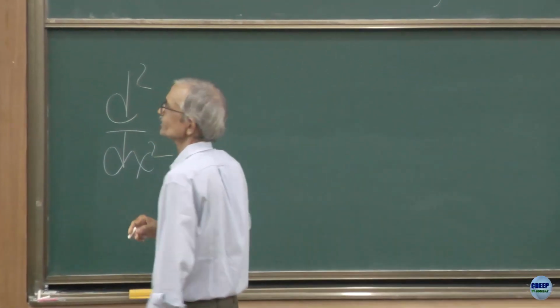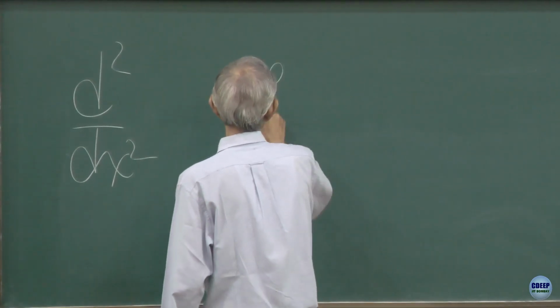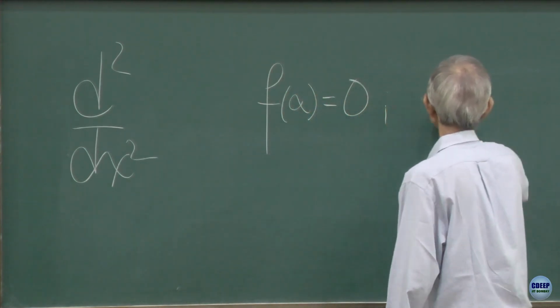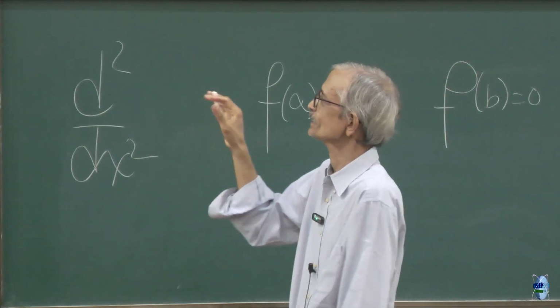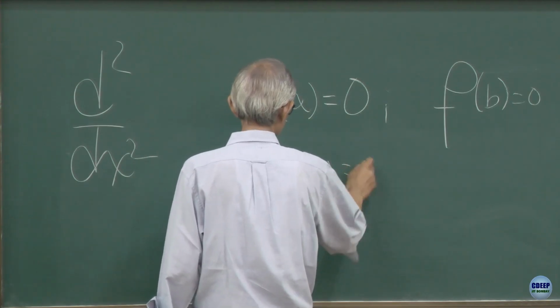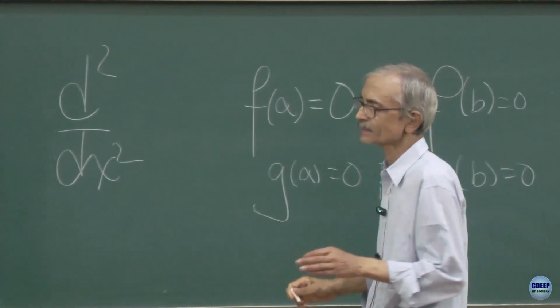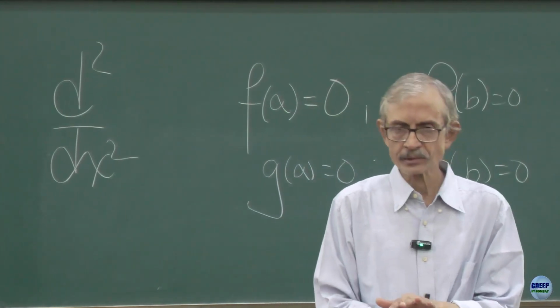The linear operator is d square dx square, and there are these conditions also: f(a) equal to 0, f(b) equal to 0, g(a) equal to 0 and g(b) equal to 0. Remember that these so-called boundary conditions also have to be given to us.